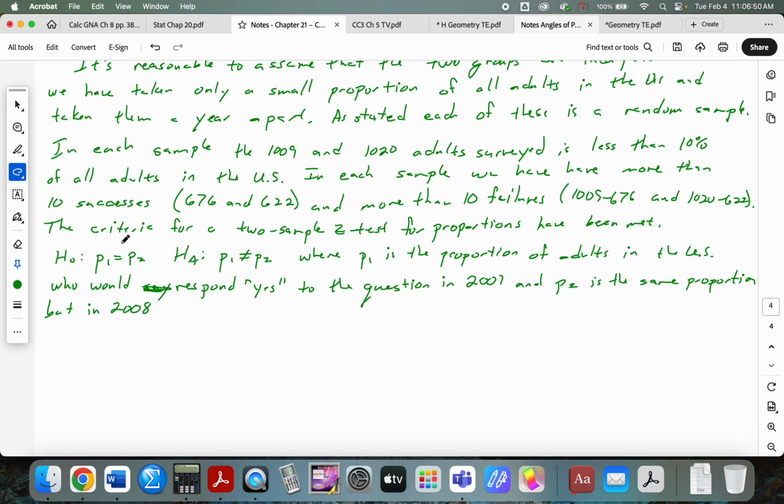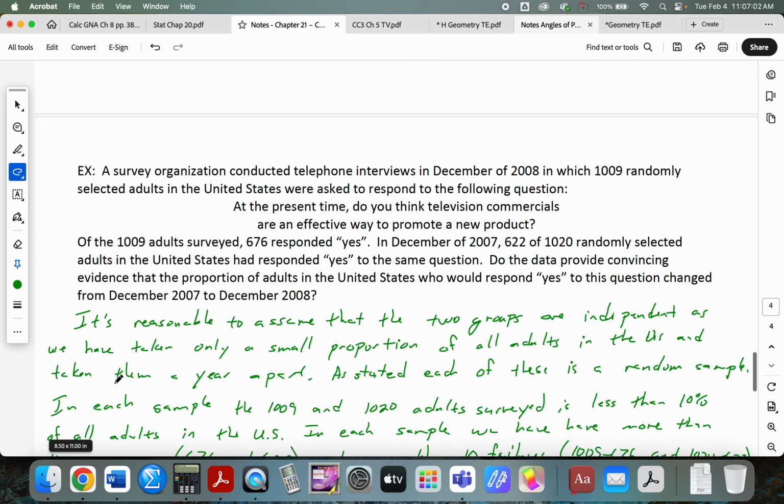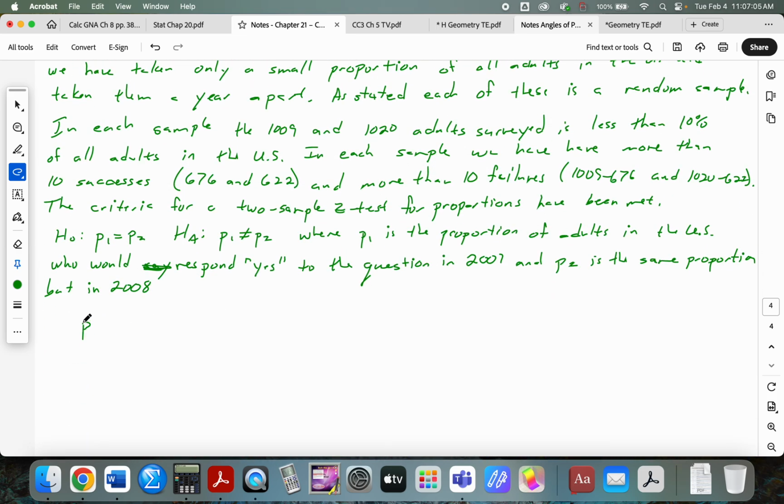Since my null hypothesis is that P1 is equal to P2, we'll figure out what our P hat sub C is. So P hat sub C is going to be 676 plus 622 over 1,009 plus 1,020.